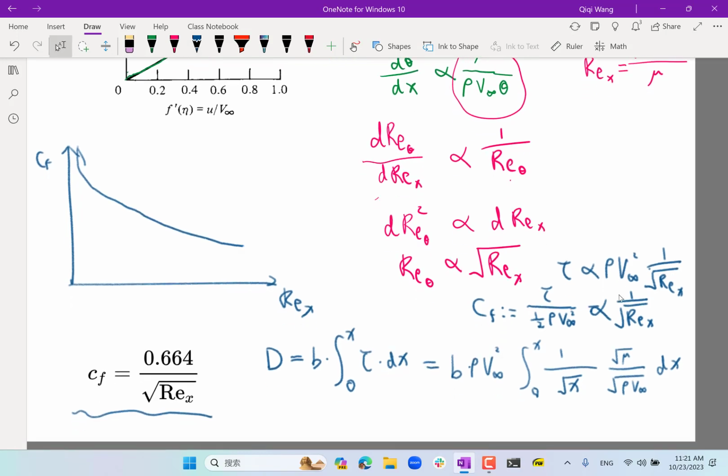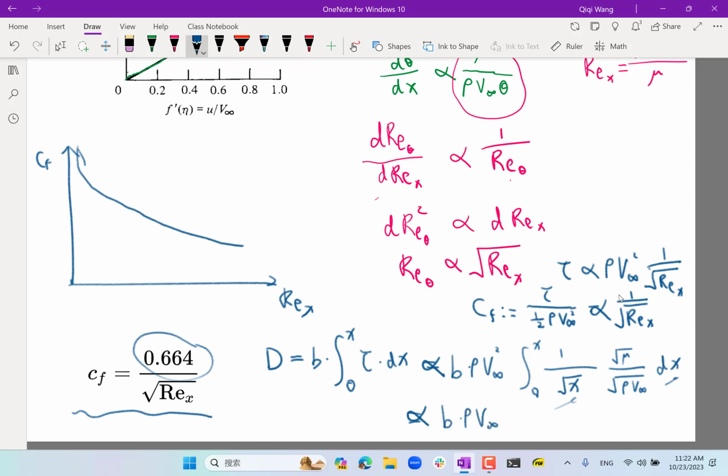If we integrate this, well, actually it's proportional because we have this proportionality constant here. The integral of 1 over square root of x is the square root of x; there is a coefficient of 2 that comes out, but because we are writing proportional, it doesn't matter.